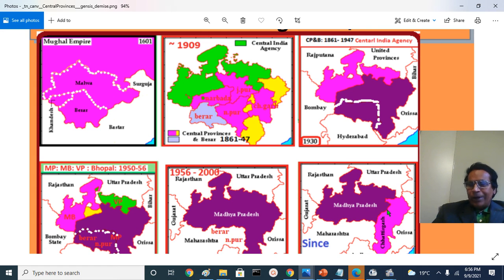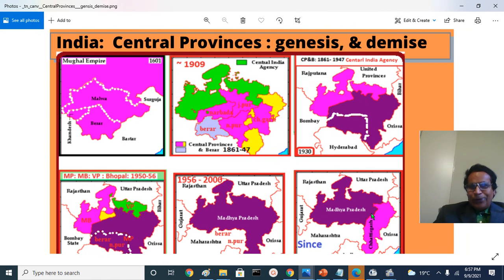That's east of the Maikala mountains essentially. The north of the Satpura mountains, while the Berar and Nagpur regions are south of the Satpura mountains. And the Chhattisgarh districts were east of the Maikala range. This is the Maikala range. And that is about the Central Provinces and Berar.